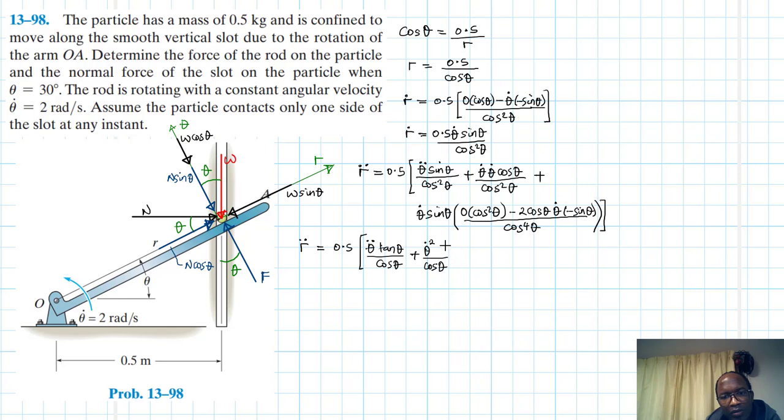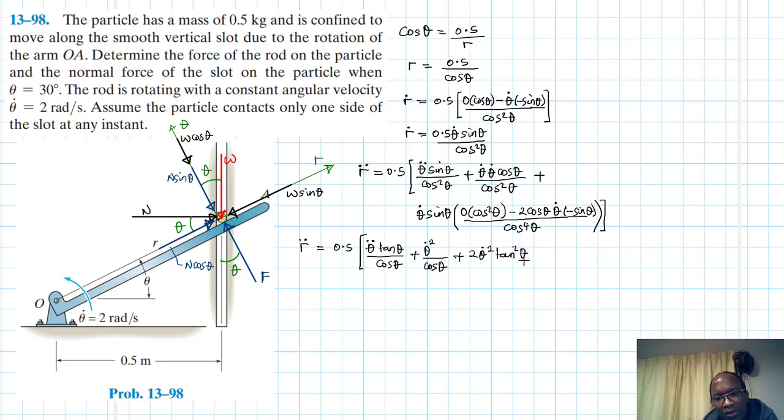Multiplying this out, we have a plus 2 theta dot squared, this and this, and later on we'll have tan squared theta.